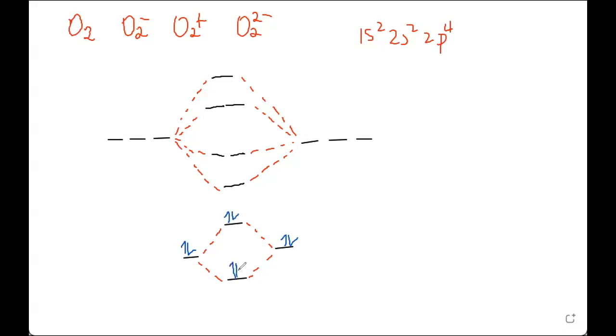So wala namang magbabago sa s orbital. So sa p tayo magkakaroon ng pagbabago. So for the O2, okay, O2 natin. So we have 1, 2, 3, 4, 5, 6, 7, 8. Okay, so this is for O2.